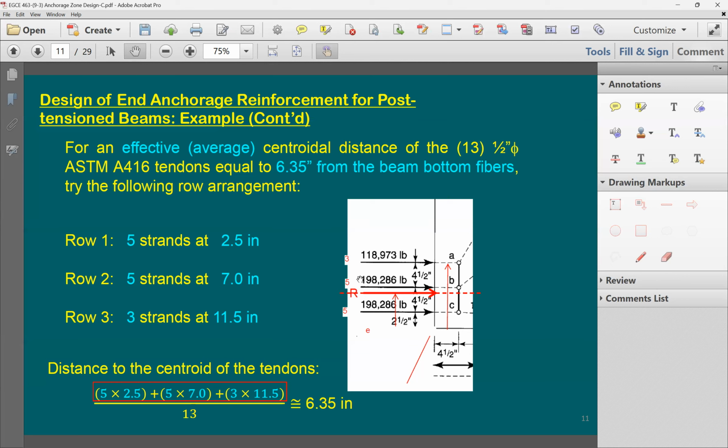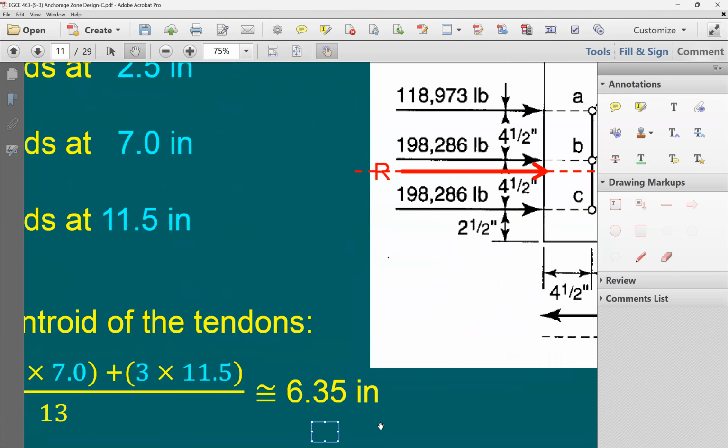If this force is 5, 5, and 3, the total force is going to be equal to 13. Set them equal to each other. Or what you can do is take the moment due to the strands and divide by 13, which, for the resultant, is going to give you this E. So actually, this value is going to be my eccentricity, the location of the resultant force from the bottom of the beam. It's going to be this value here.